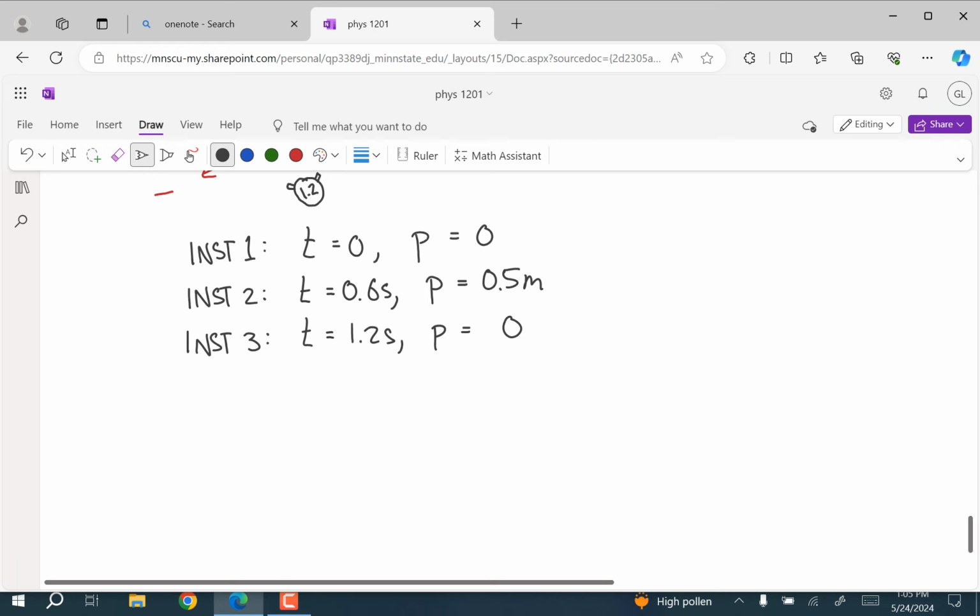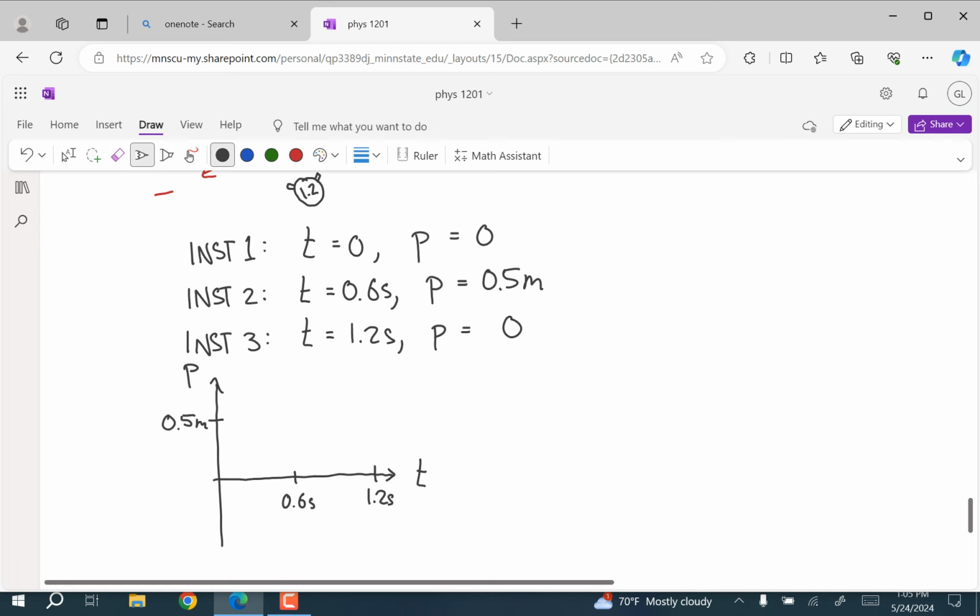Now that we have all of these points, we can think about drawing the position versus time graph. This is the time axis. This is the position axis. The times that we care about, this is going to be 0.6 seconds, and then we're also going to have 1.2 seconds. And the positions we care about are 0 and 0.5 meters.